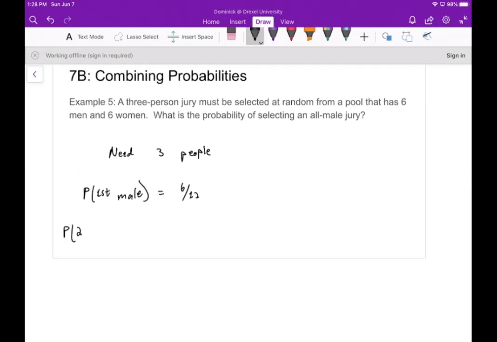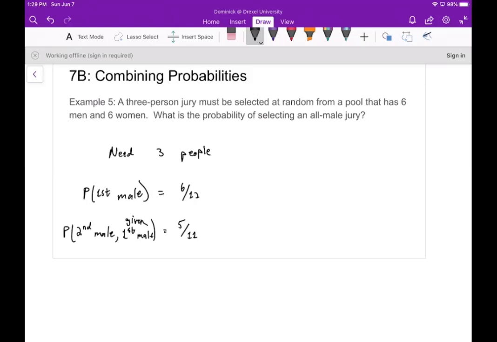Now, the probability that the second is male would depend on whether you chose a man or a woman the first time. So this is the second is male, given that the first was male. You now only have 11 to choose from, and you're down to 5 males.